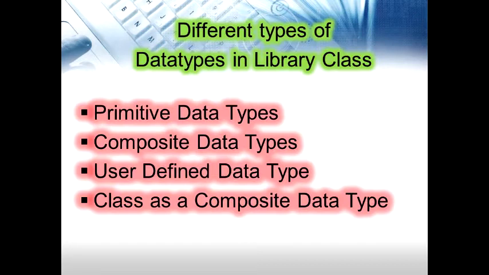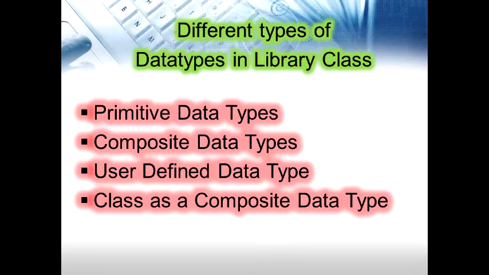Third one, user-defined data type. A data type used to perform some specific task is known as a user-defined data type. The classes created by the user are user-defined data types. The last one is class as a composite data type. In a class, you can assemble items of different data types to create a composite data type.